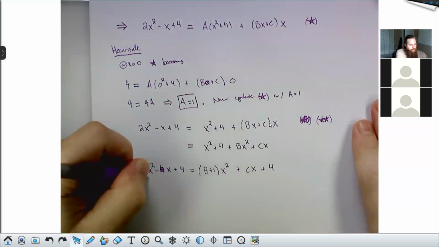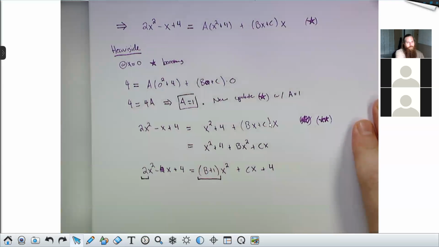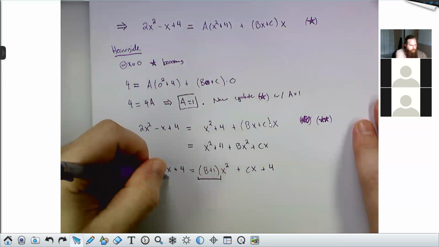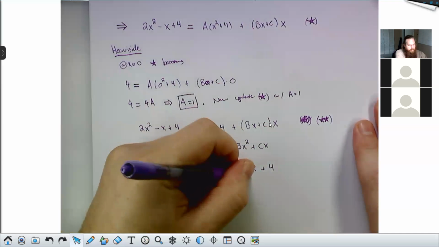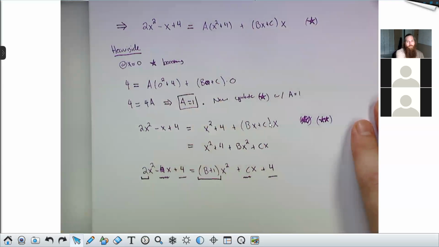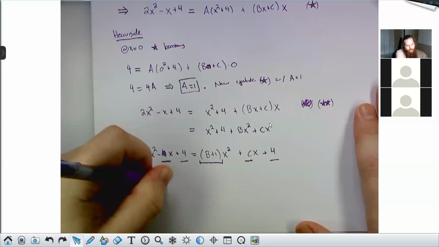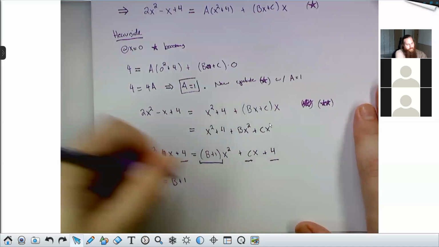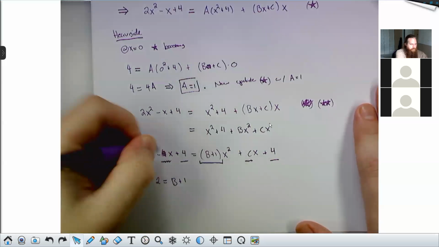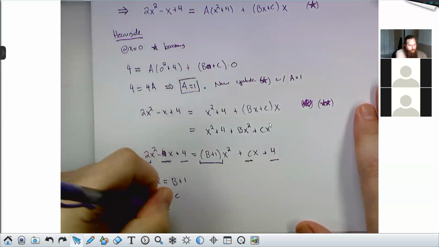So the coefficient of x squared on the left has to match the coefficient of x squared on the right. The linear term on the left has to match the linear term on the right, and the constant term on the left has to match the constant term on the right. So my linear system is 2 equals b plus 1. The coefficient here, this is negative 1x, right? So negative 1 equals c, and 4 equals 4.